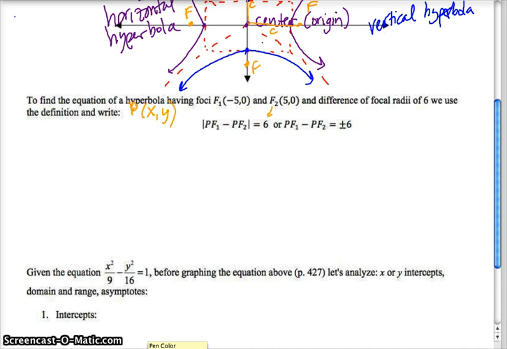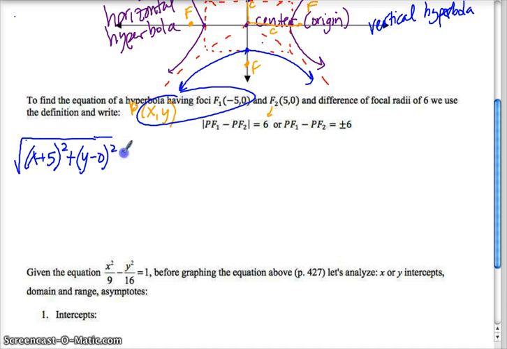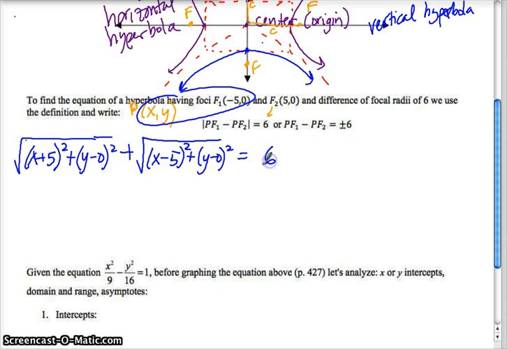So setting that up, we want to see the distance from x, y to negative 5, 0, right? So I'm doing the distance from here to here, plus the distance from x, y to positive 5, 0 will equal 6.